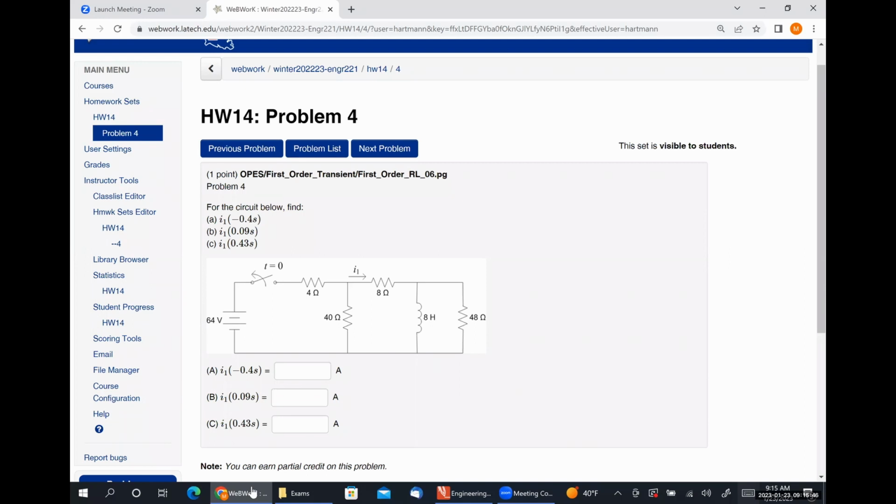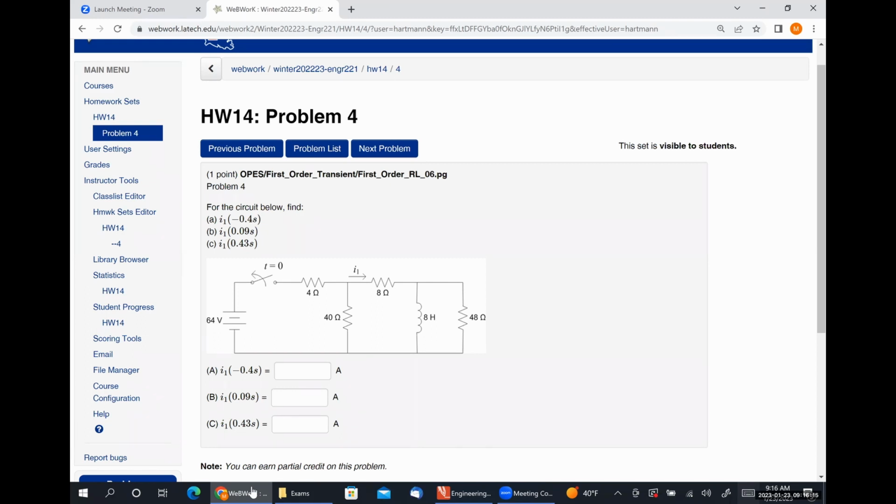So let's see, based on this. Oh, I don't want to try to do that in my head. Yeah, for finding I1 at 0 minus, I personally would do a source transform. Actually, yeah, the switch is closed but opening.